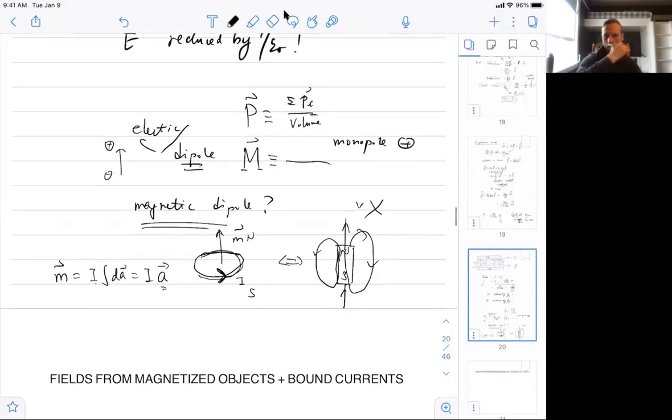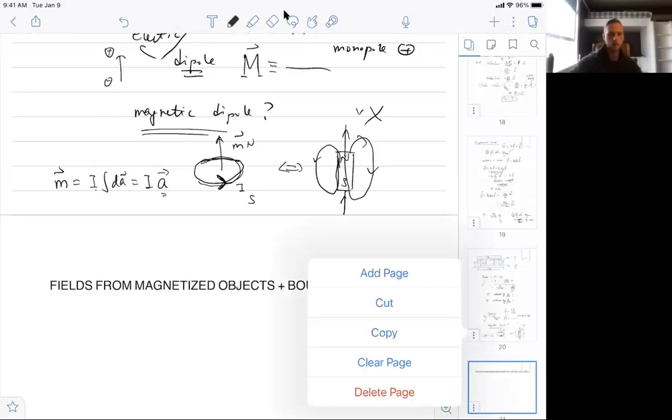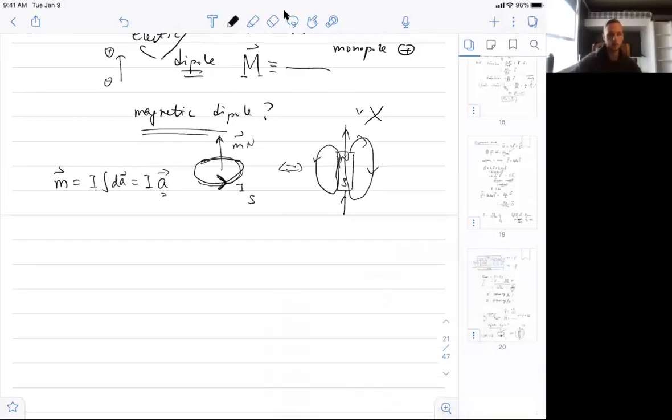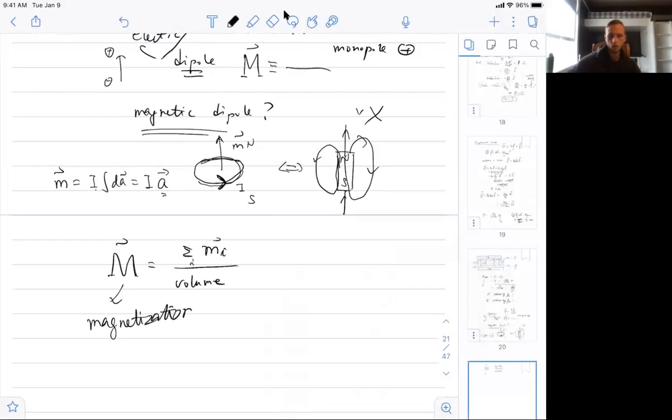What would the magnetization be? Summation of dipole moments over your volume. Yes, so it's the sum of the magnetic dipole moments over the volume. And this is the magnetization of the material.